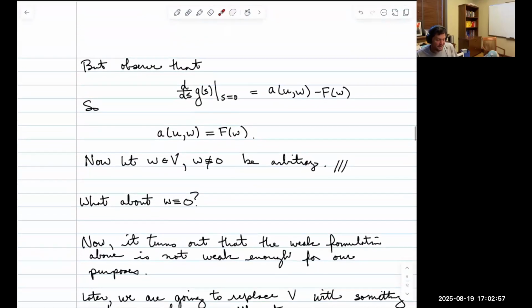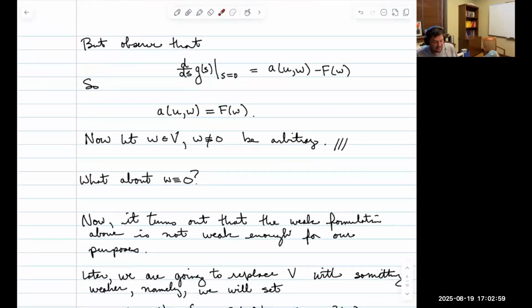But now think about W. W is anything in V that was not equal to 0. And so this holds for all W not equal to 0. And otherwise, W is arbitrary. So I've shown that this is true for all W, as long as W doesn't equal 0. But what about W equals 0? Well, it's trivial to show that this also holds for that case.